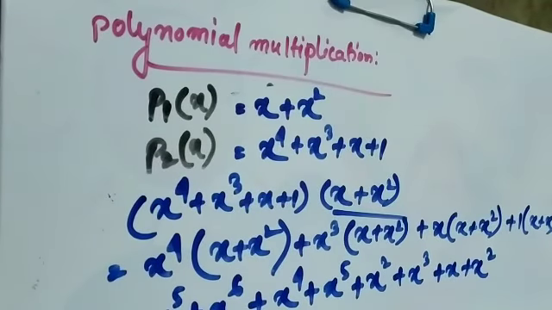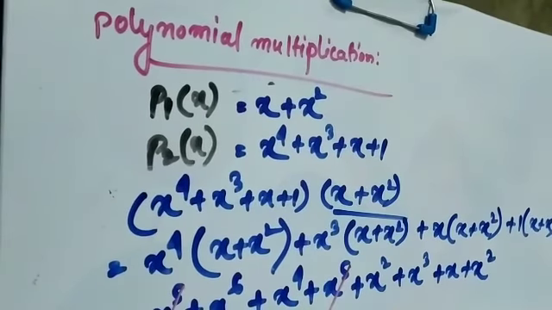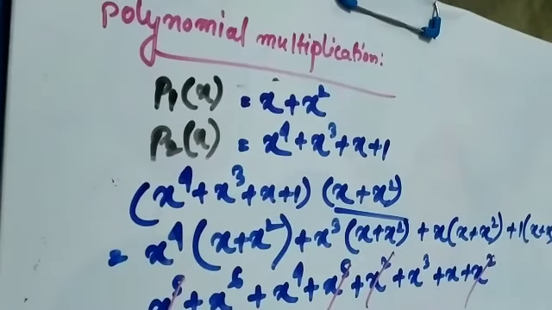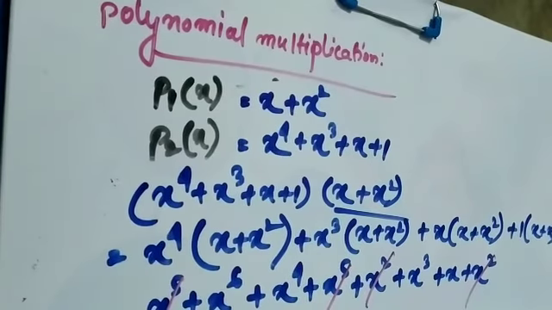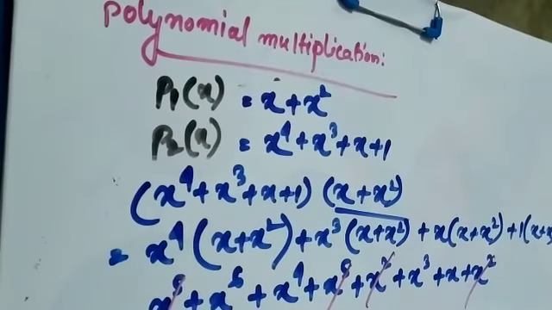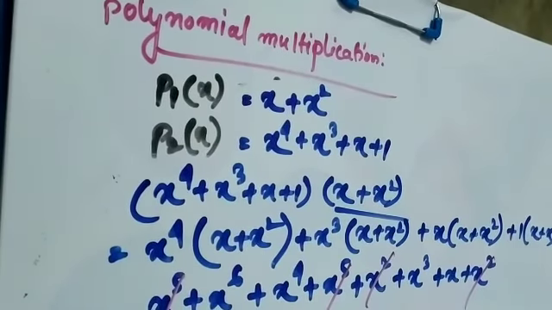Now omit the terms which are repeated here. x to the power 5 is repeated, x square is repeated, nothing else is left. So our answer will be x to the power 6, x to the power 4, x cube, x. So by this way you can calculate any two polynomial multiplication.